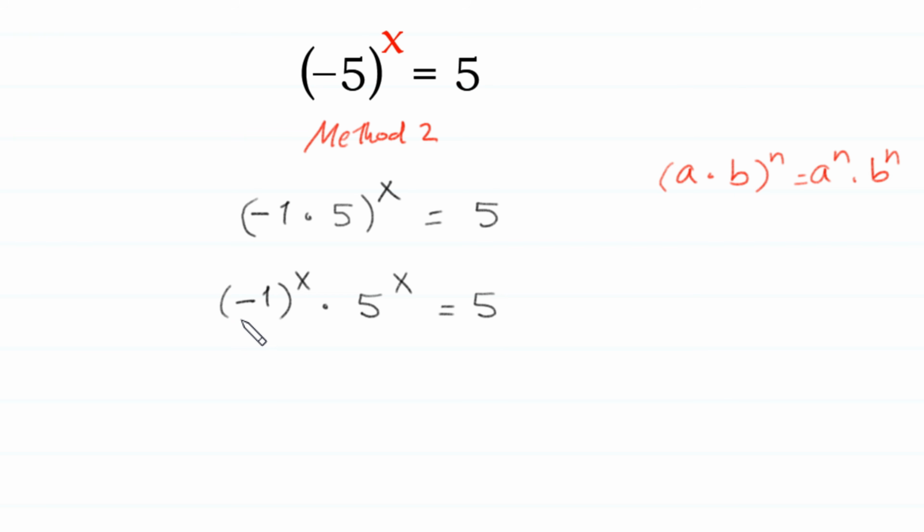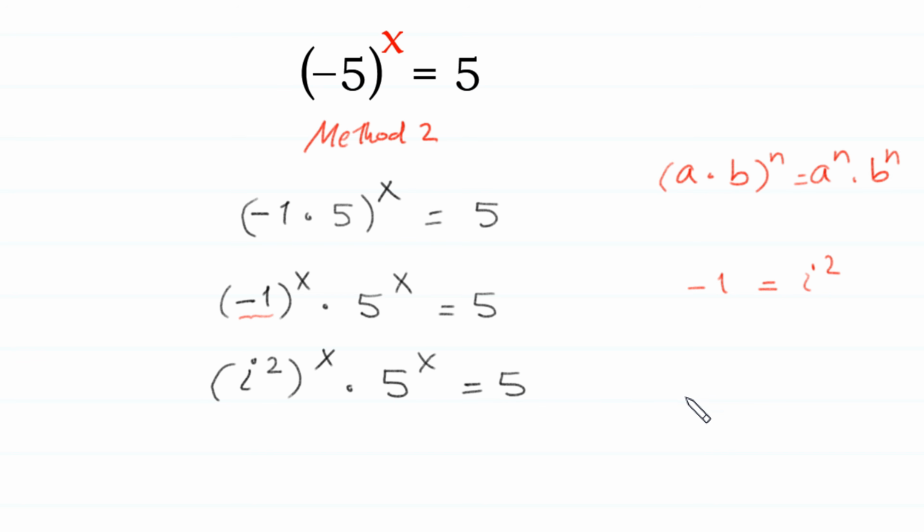Now this number negative 1 is equal to i square. So we replace this negative 1 with i square. i square to the power x times 5 to the power x is equal to 5.